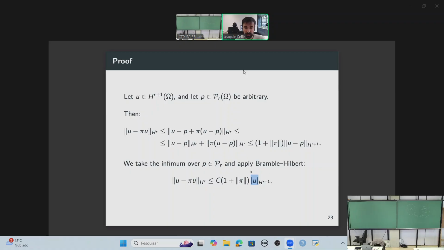Because by the proof of the Bramble-Hilbert, we constructed a polynomial that satisfies this, right? So yeah, that proves the corollary.